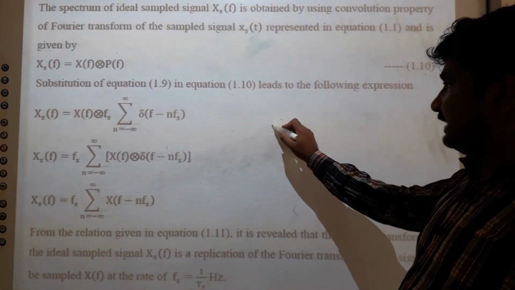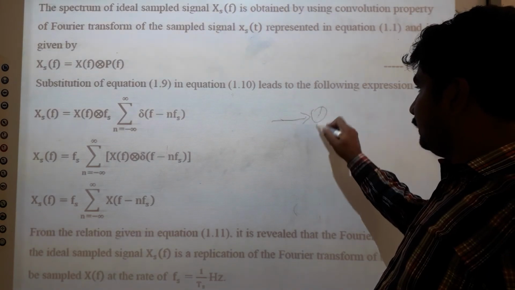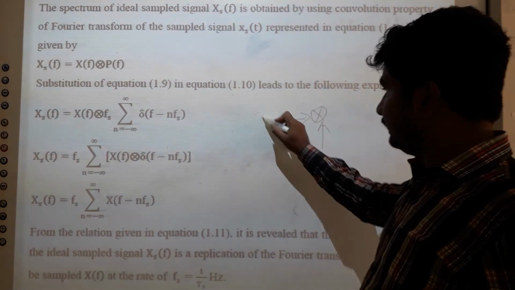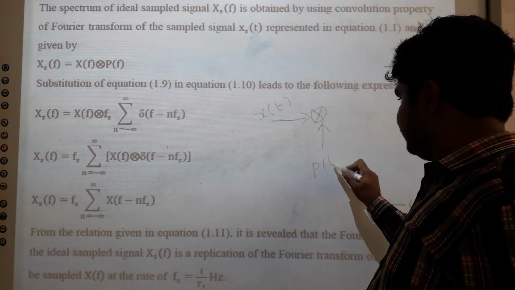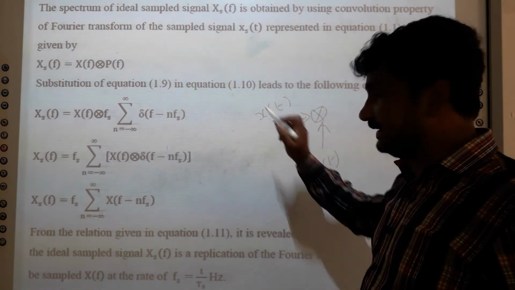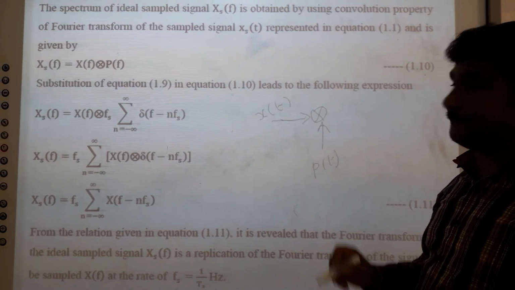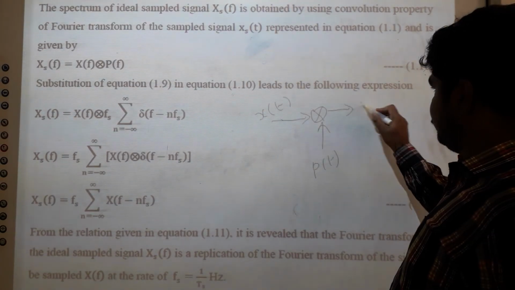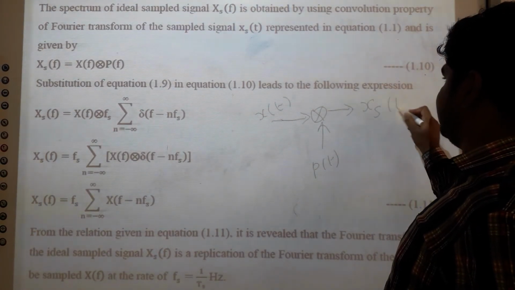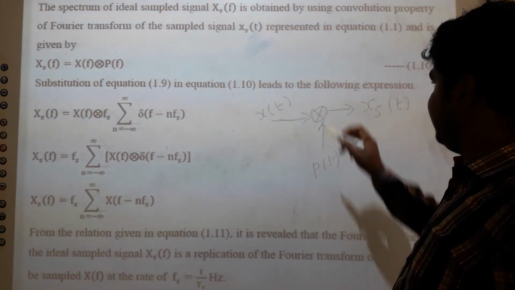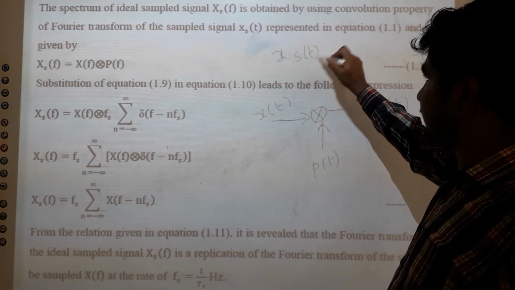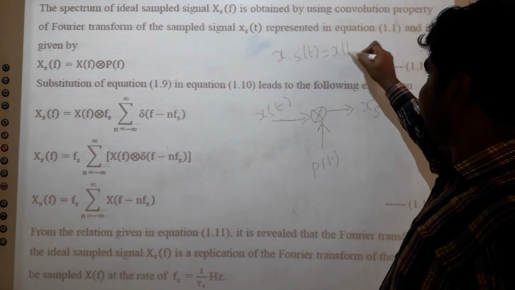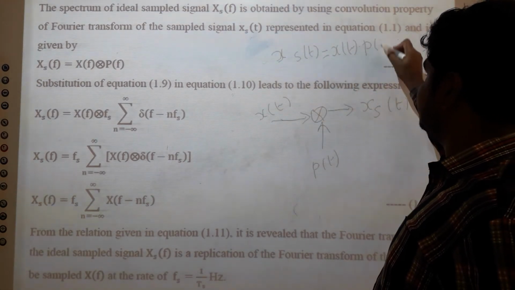And we know that in sampling, in time domain, we are multiplying the signal which is to be sampled with the sampling signal to produce the sampled signal. In time domain, we write xs of t is equal to x of t multiplied with p of t.